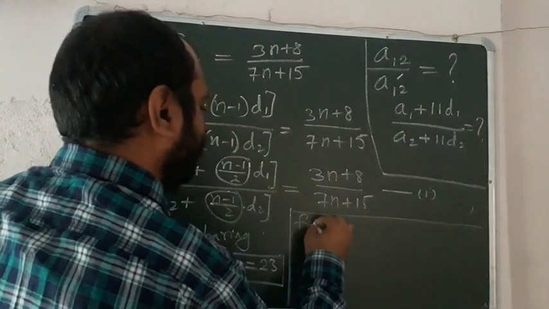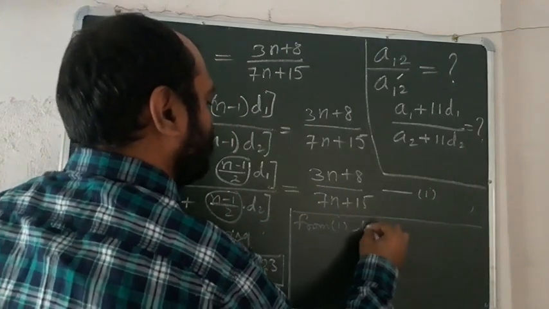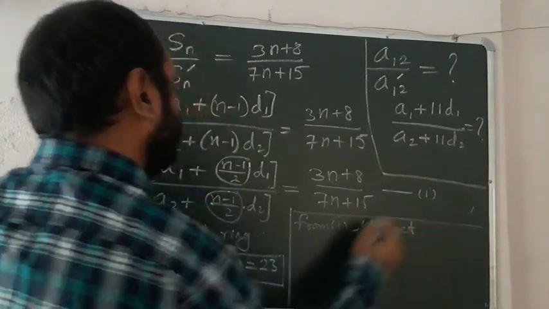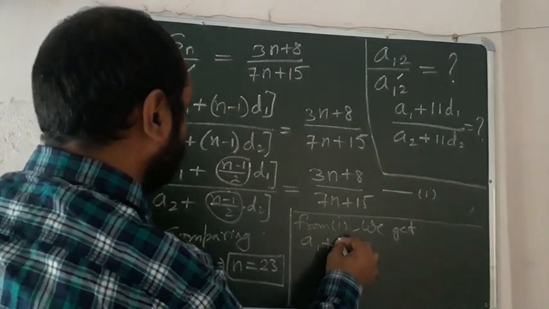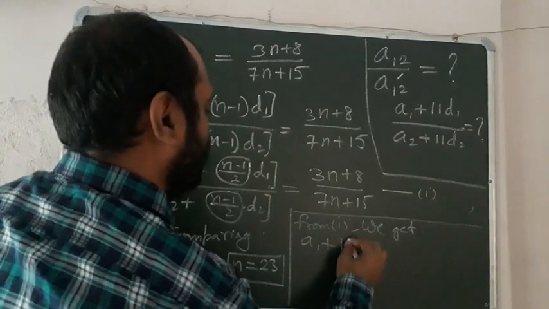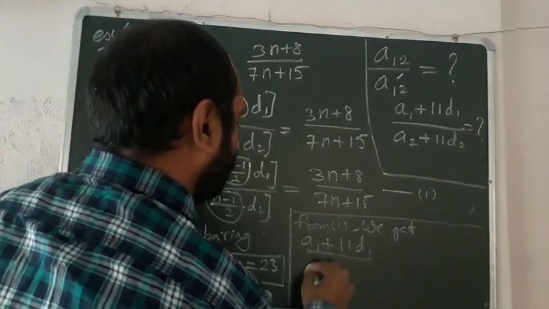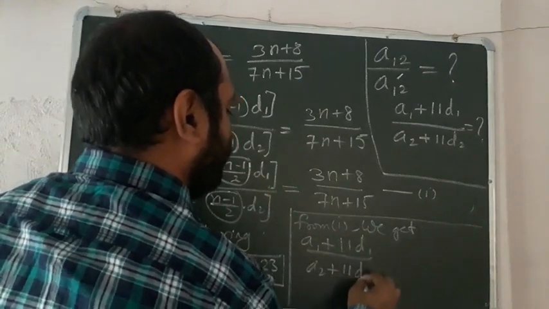From equation 1 we will get a1 plus 11 d1 over a2 plus 11 d2.